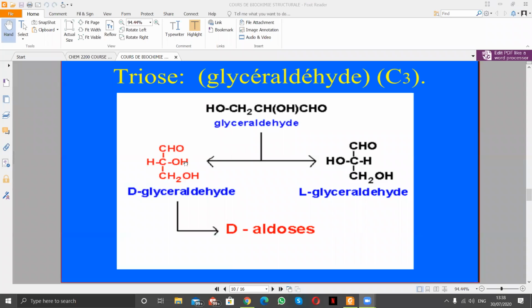For us to call it a carbon asymmetry, it has to satisfy one principle, which is it has to be bonded to 4 different constituents. Am I clear?